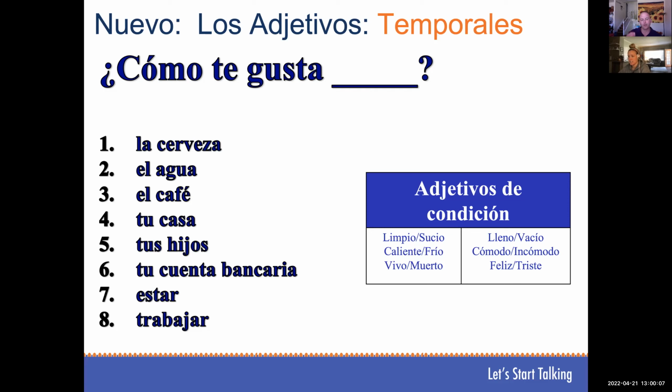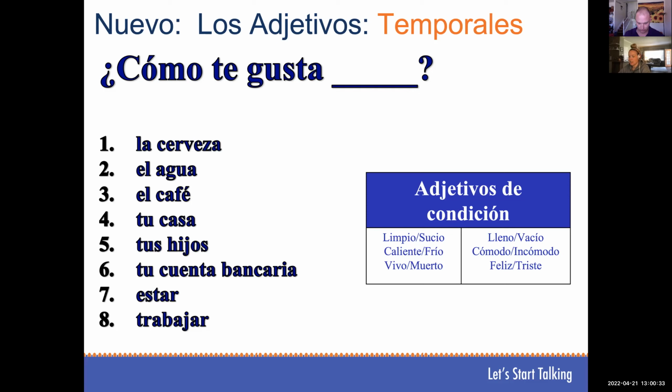Okay. ¿Cómo te gusta estar? So what is that? What do you like? How do you like to be? How do I like to be? Oh, so I would say me gusta estoy feliz. Me gusta estar feliz.